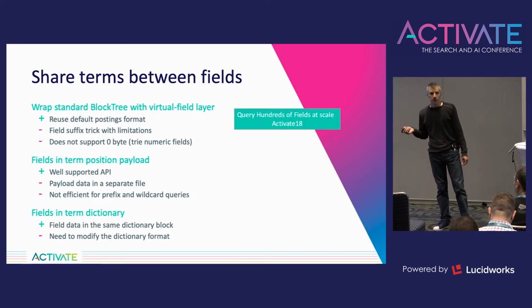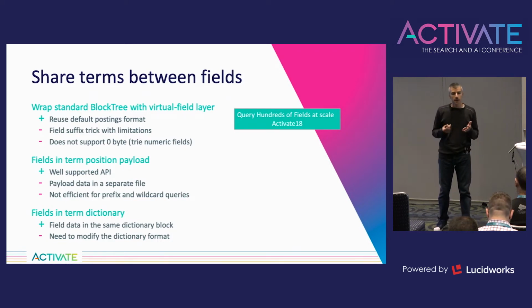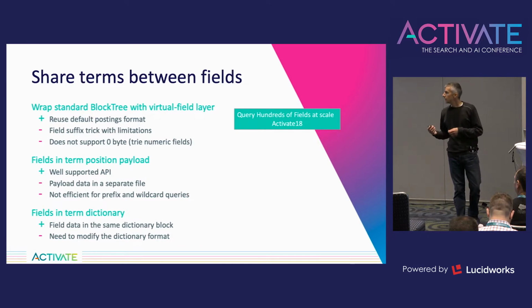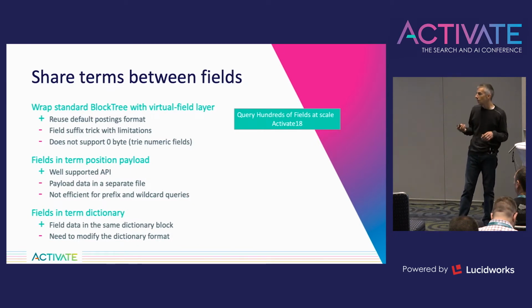Going on with the journey, we had the principle of shared terms. Now we needed to select a way to implement that. Last year, at Activate 18, we presented a way: wrap the standard Lucene block tree posting format with a virtual field layer.